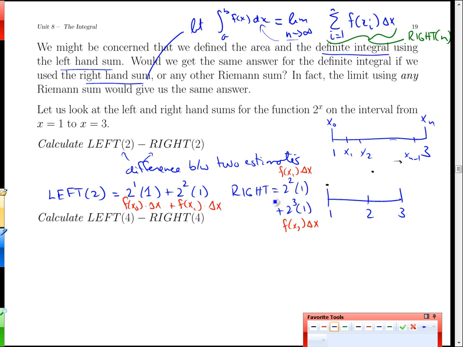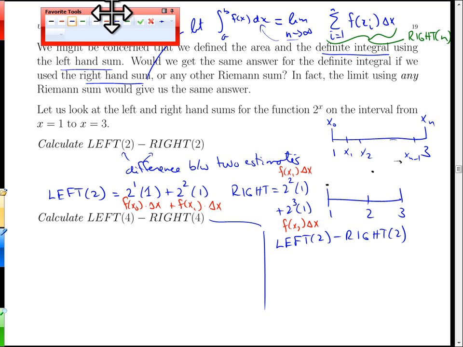But in any case, when we take the difference, let's do that down here, left of 2 minus right of 2, we're going to see some great cancellation happening. That cancellation is going to look like we're going to have 2 times 1 plus 2 squared times 1, minus 2 squared times 1 plus 2 cubed times 1.